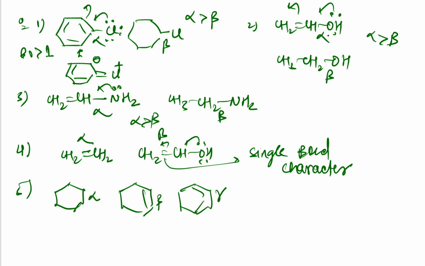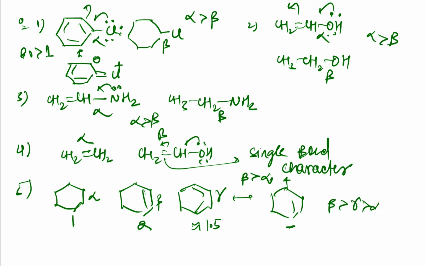So here beta is greater than alpha. Here the bond order is 1, here 2, here nearly 1.5. Because resonance happens, it will form a structure like this, so it will be nearly 1.5 but closer to 1. The bond order here will be between 1.25 and 1.5. So the order is beta, then gamma, then alpha.